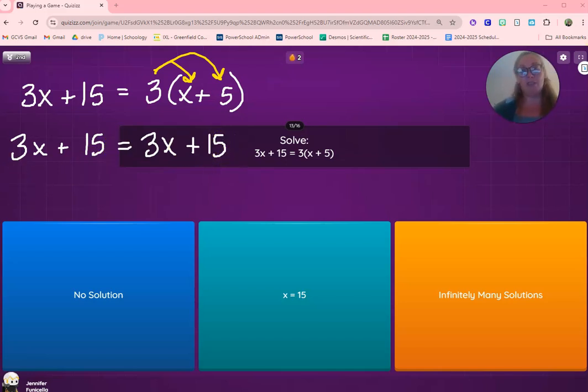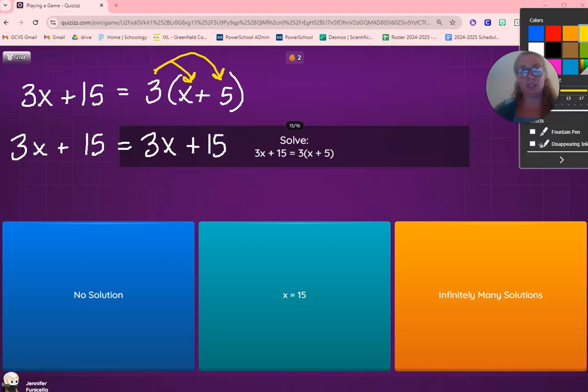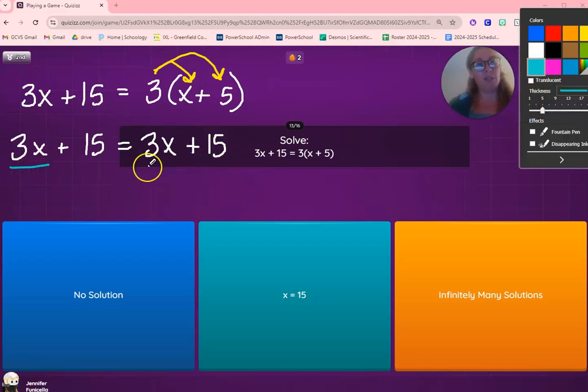And as you will notice, we have the same slope of 3x and the same y-intercept of 15. So this is our example of infinitely many solutions for question 13 here. Infinitely many.